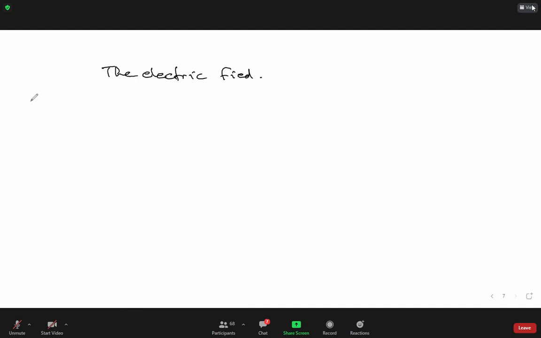And let me first remind everyone what a field is. We talked a little bit about this in semester 1. A field is a region of space. It can be one-dimensional, two-dimensional, three-dimensional, n-dimensional. It doesn't matter. Anything can be a field as long as it belongs to a space.